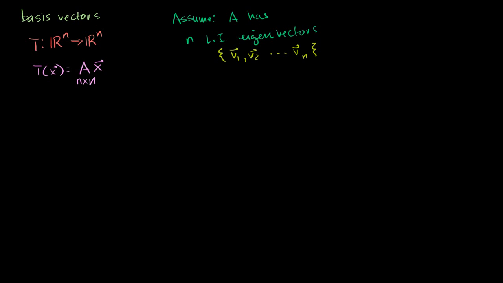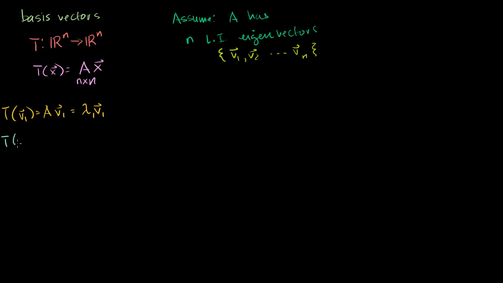So the transformation of each of these vectors, write it over here, the transformation of vector 1 is equal to A times vector 1. And since vector 1 is an eigenvector of A, that's going to be equal to some eigenvalue, lambda 1 times vector 1. We could do that for all of them.